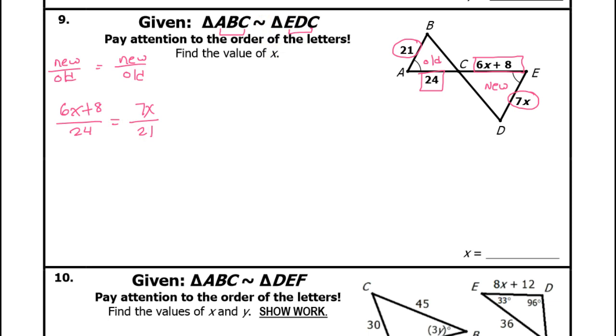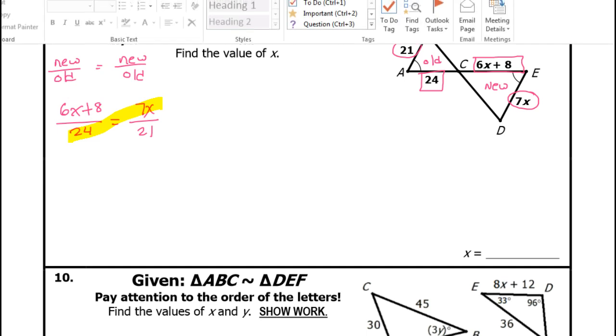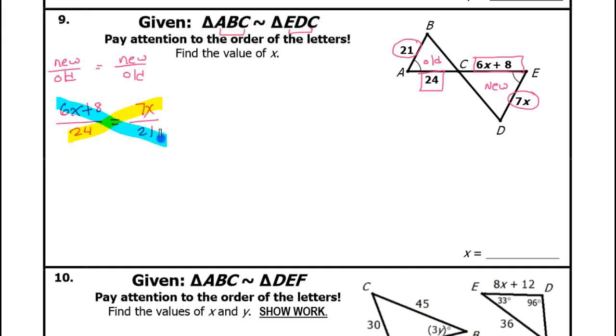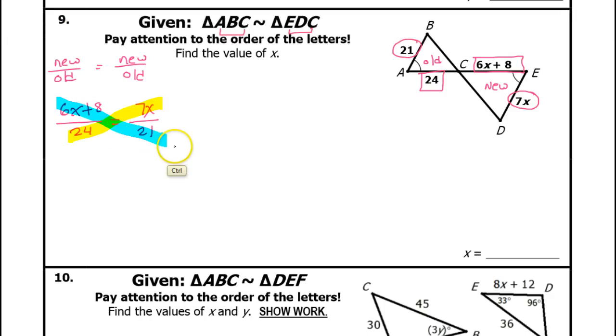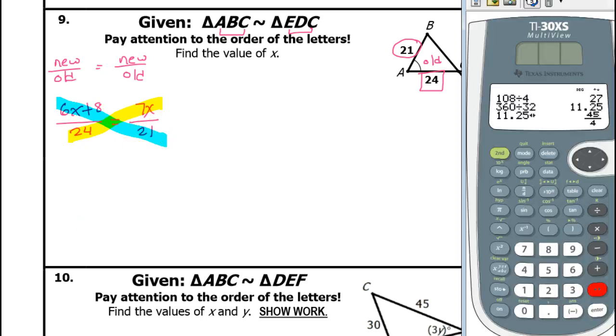And then we cross multiply. So we will have our yellow diagonal and we will have our blue diagonal. You know, I could reduce these, but I don't want to confuse anyone, so I'll just keep doing what I'm doing.